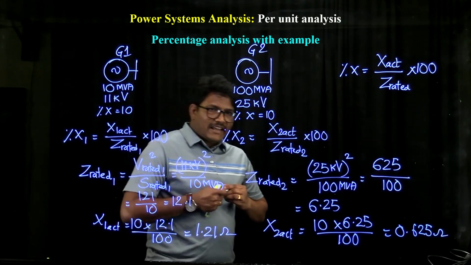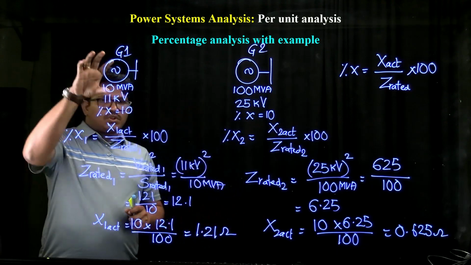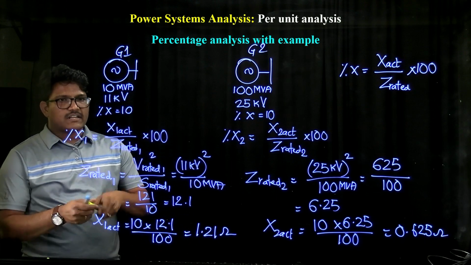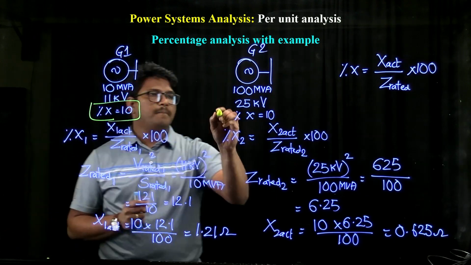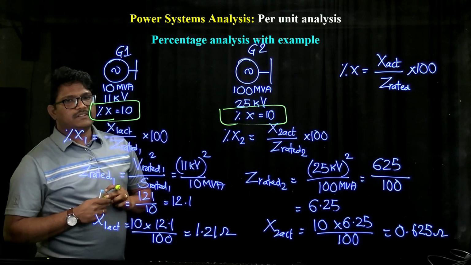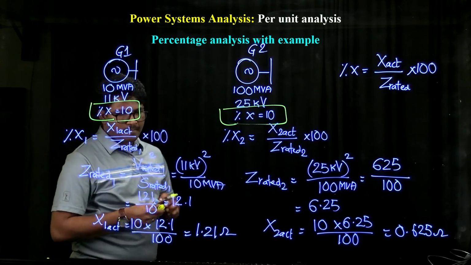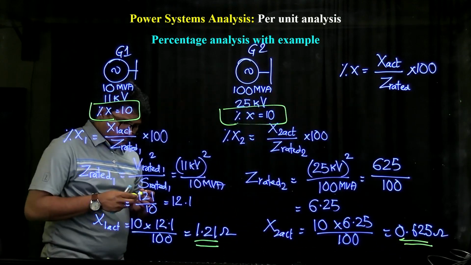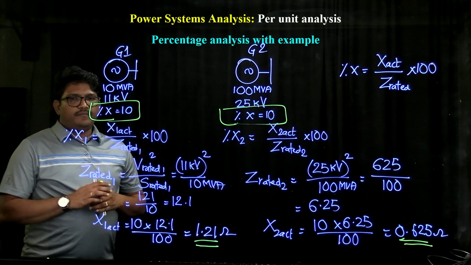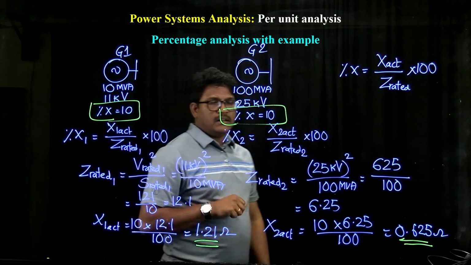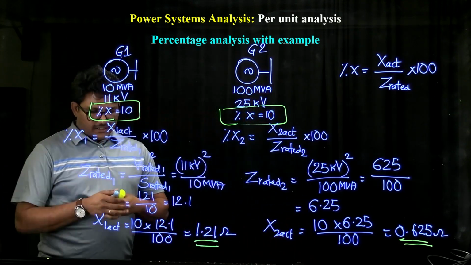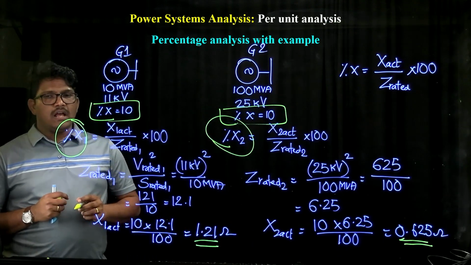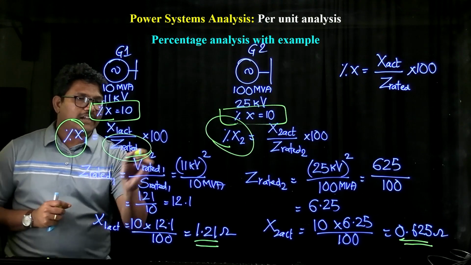Now this clearly indicates that when two machines are of different ratings, though the percentage reactance of both the machines are same, the actual reactances are not same. The basic reason for this to happen is that the percentage quantities that we have here are represented with reference to the ratings here.